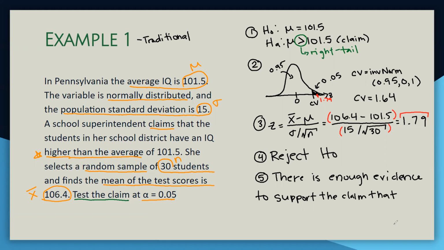That, and then we summarize the claim from the problem. And our claim said a superintendent claims that the students in her school district have an IQ higher than the average.